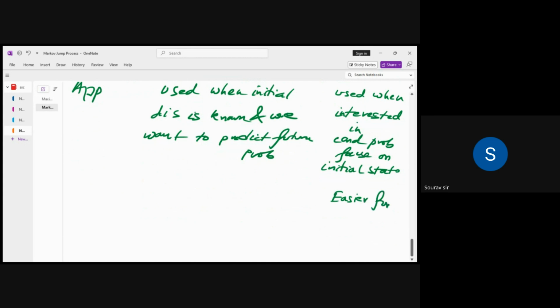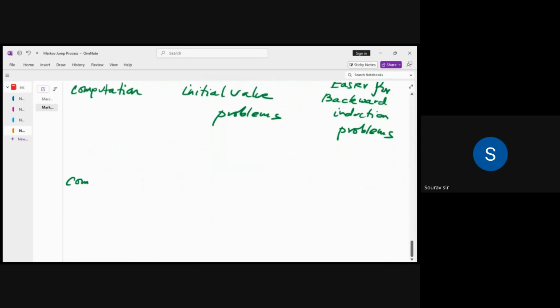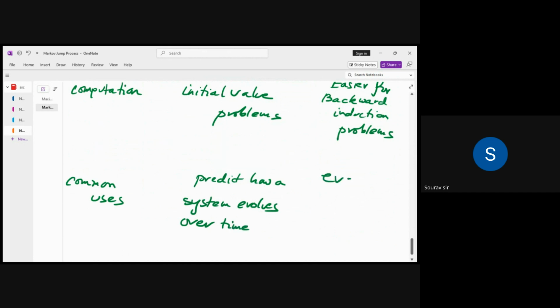The common uses for this: we predict how a system evolves over time, and it evaluates expected rewards and optimal decisions in control problems.